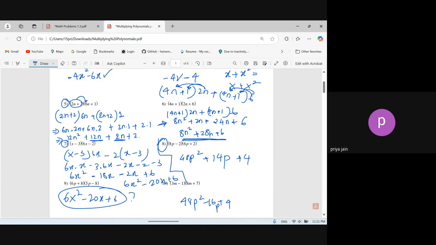I think it's going to be minus. Oh yeah, I believe it was. I'll double check, no worries. Okay, 48p squared plus. I think it's going to be plus. Hold up, let me just do it this way.